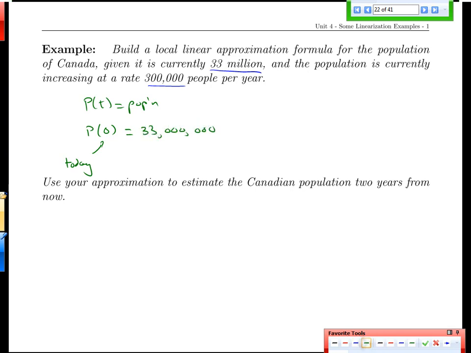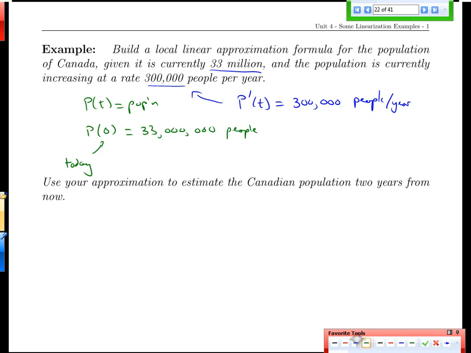The other statement that was given to us here is that P prime of t is 300,000 people per year. Again, notice the correlation between the units of P and P prime of t. If t is in years, P prime will be in people per year. The units of P and then the units of t divided by each other.